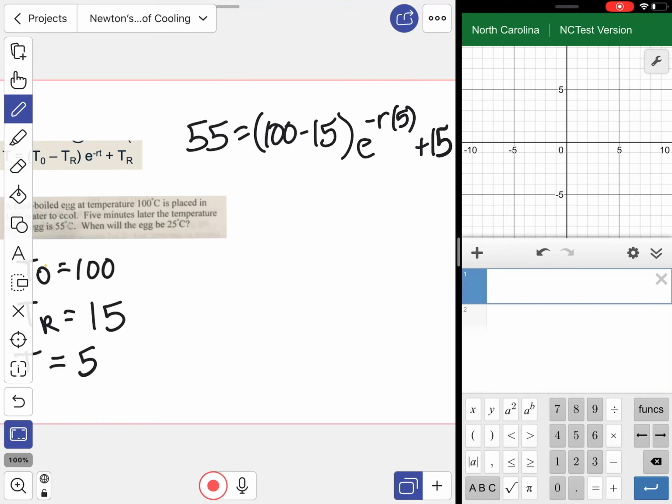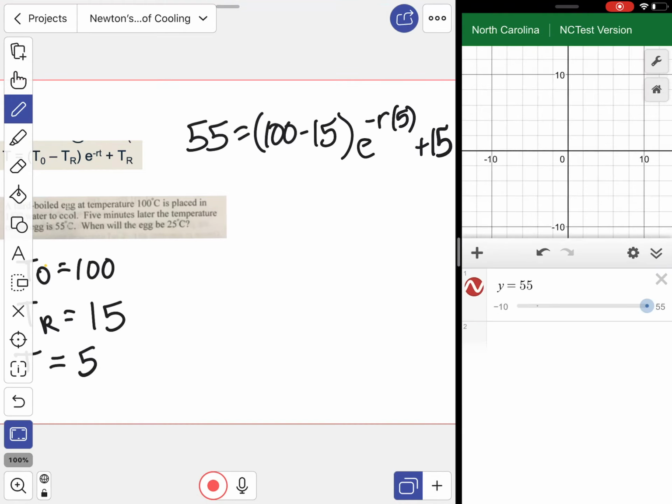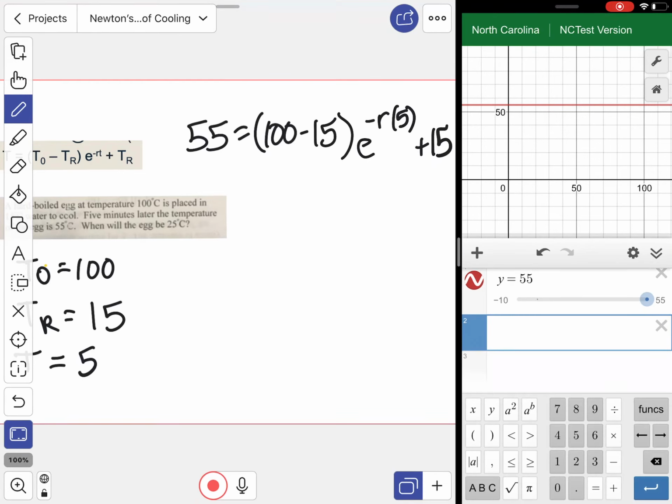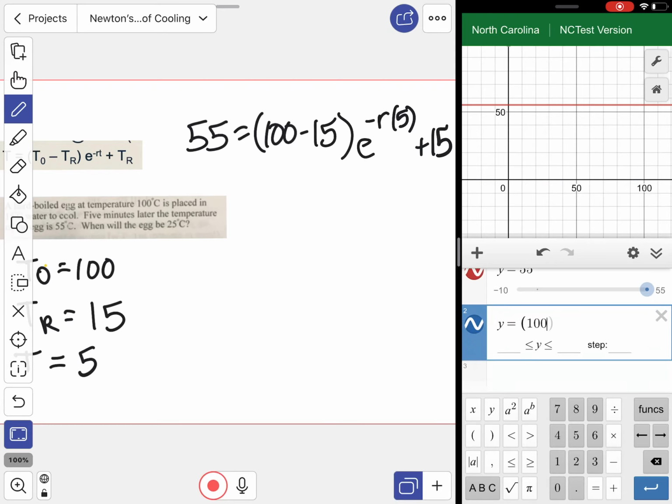Now, how can I use Desmos to find this? Well, I'm going to split this up like I've done with any other equation problem that we've done previously. So I'm going to do y equals, and I'm going to set that equal to 55. So you can adjust it until you see that 55. And then I'm going to do the right side. So y equals 100 minus 15, or if you've already simplified, that's great.